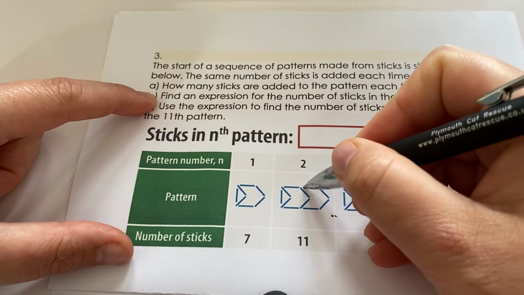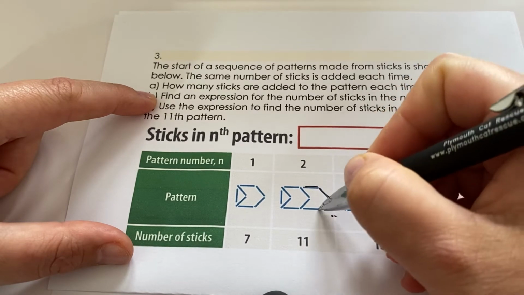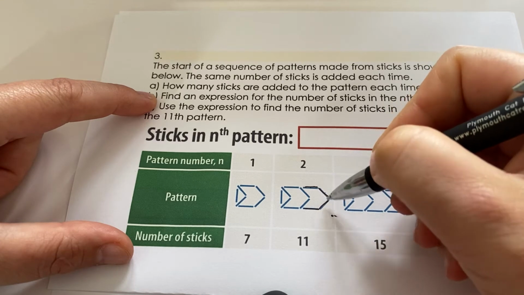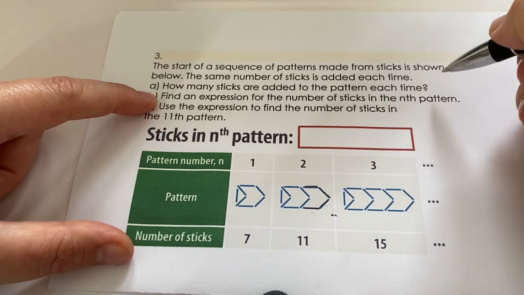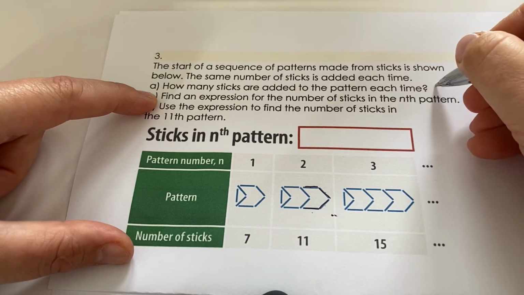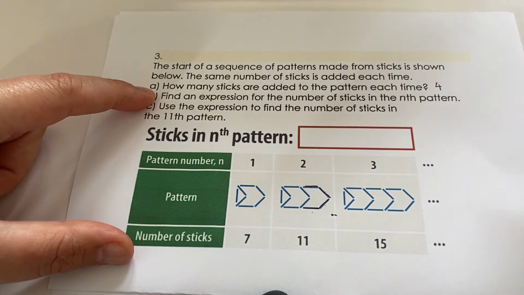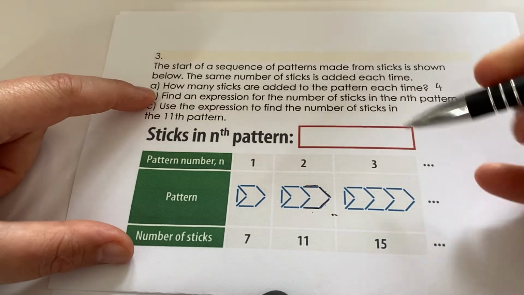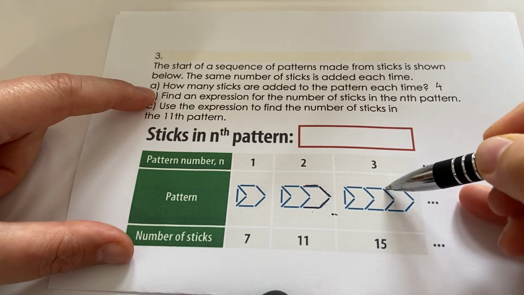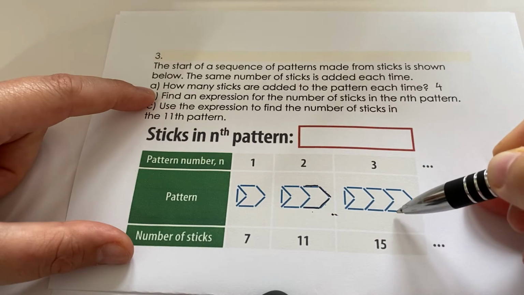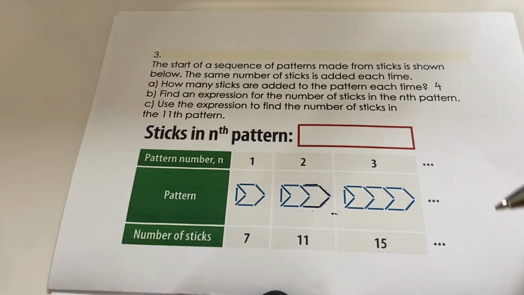When you look, it's these sticks that are added to it. So that's 1, 2, 3, and 4. So the answer for question A is that there are 4 matchsticks added to each pattern. And it works here as well. Look, that was the previous pattern. 1, 2, 3, 4 additional matchsticks.